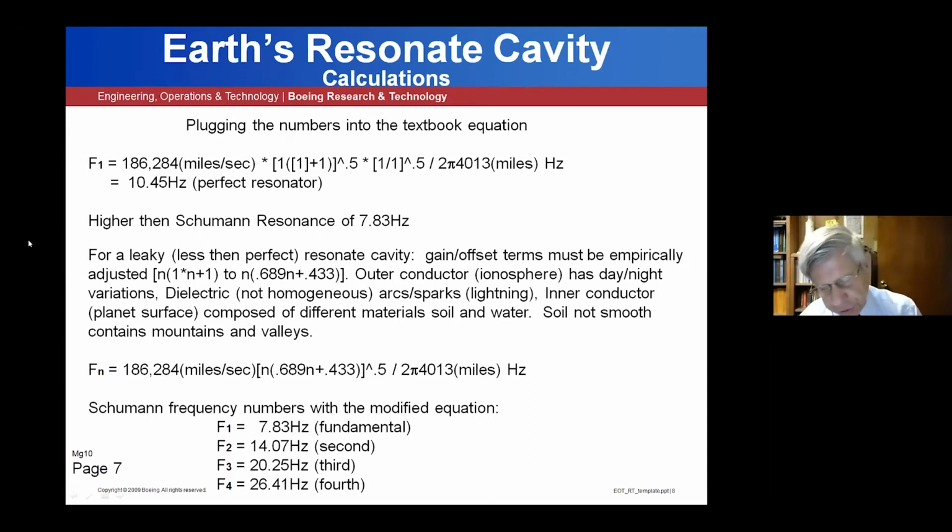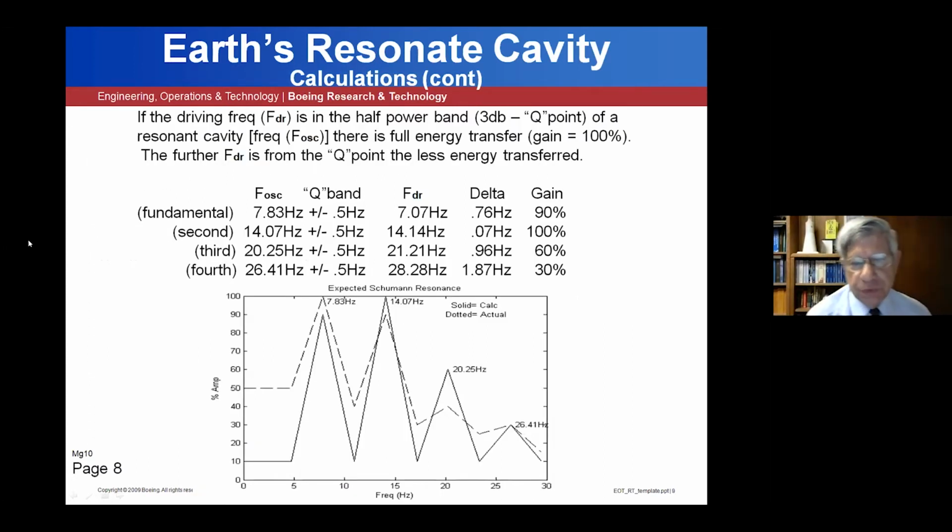And what that shows is a 30% reduction in the efficiency of the system. So therefore, the Earth only operates at 70% efficiency as the Schumann resonant cavity. This one takes the details a little bit more.